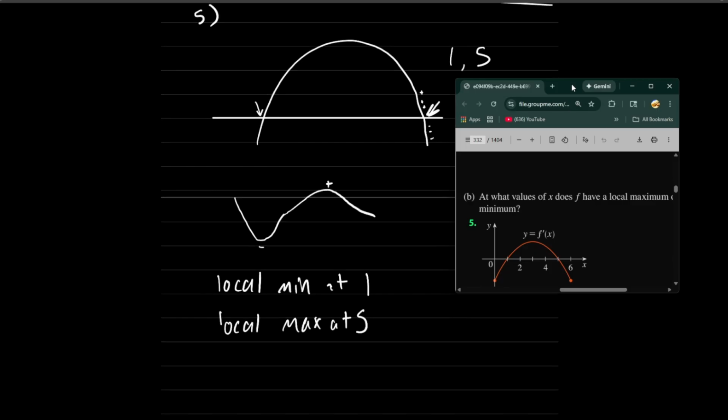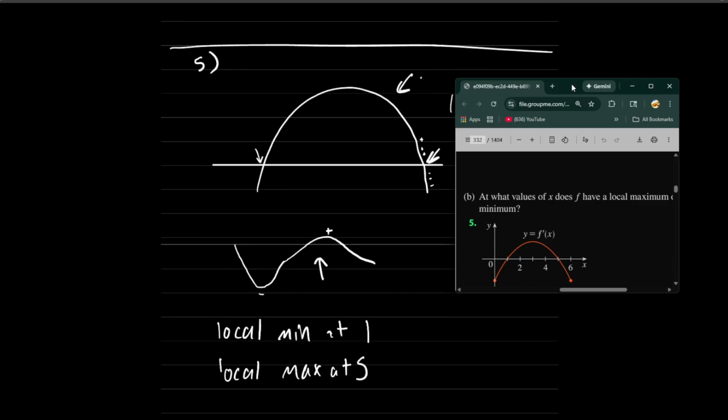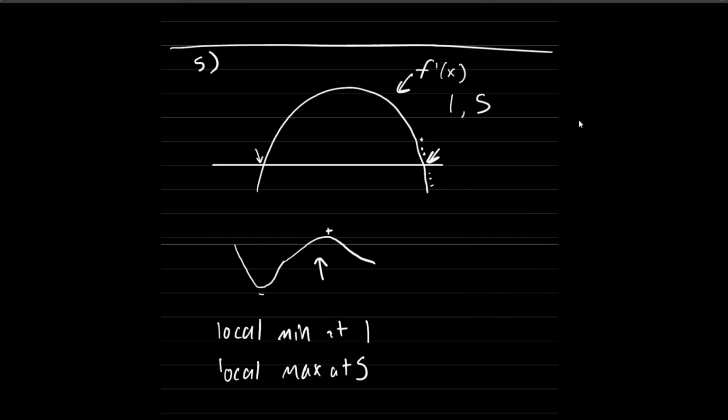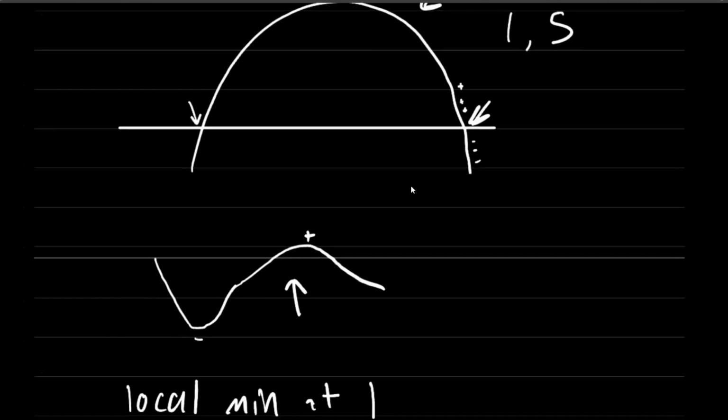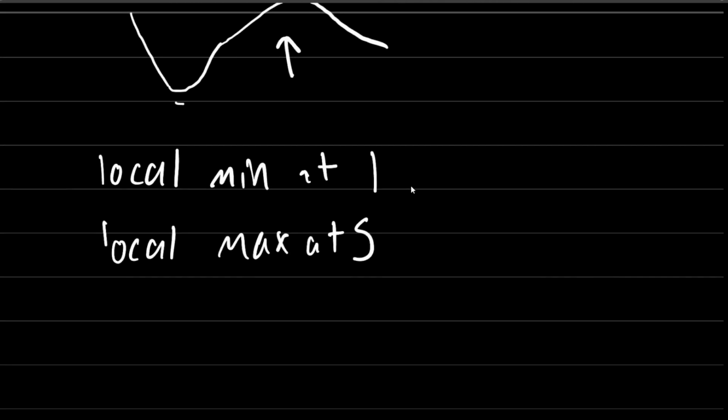The thing you need to remember here is that this is not showing us the graph of f, which looks something like this. It's showing us the graph of f prime. This is f prime of x, and based off of that, we can deduce where the positives and negatives switch. Now we can get this graph out of the way.